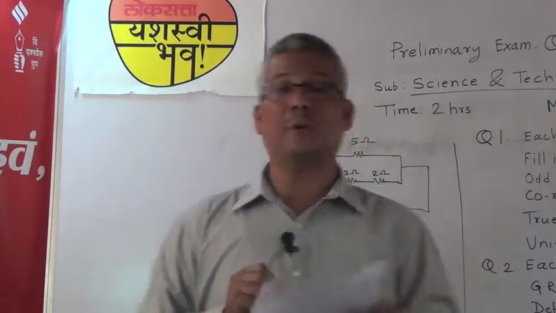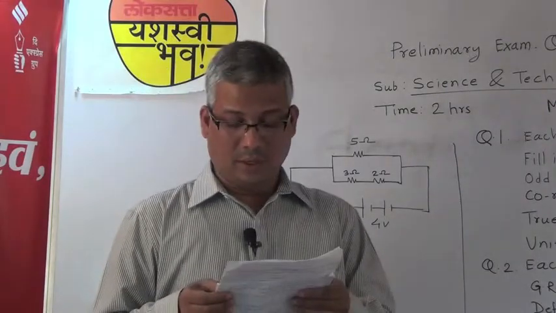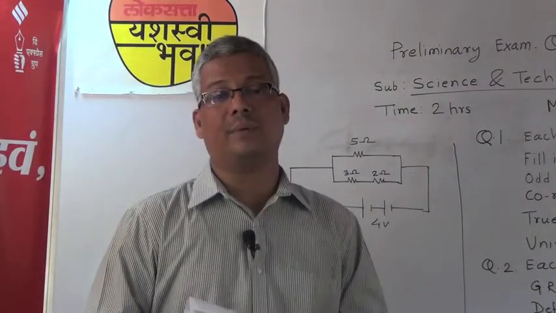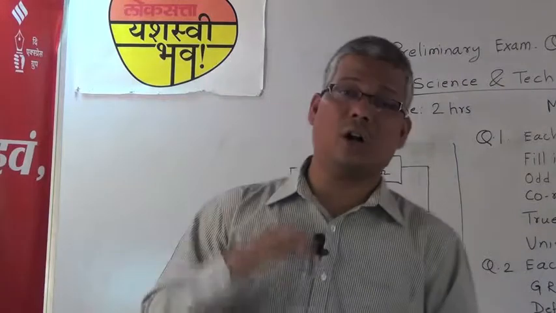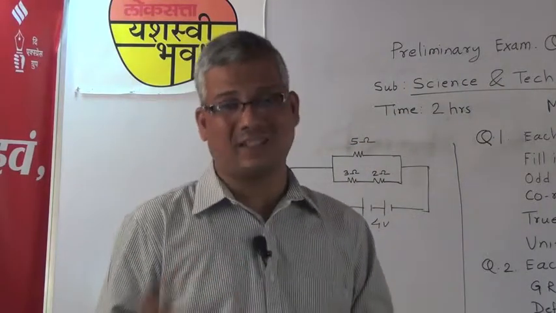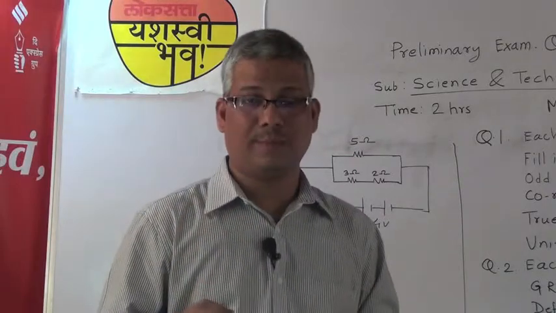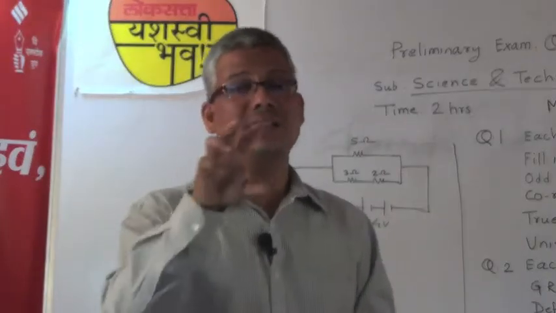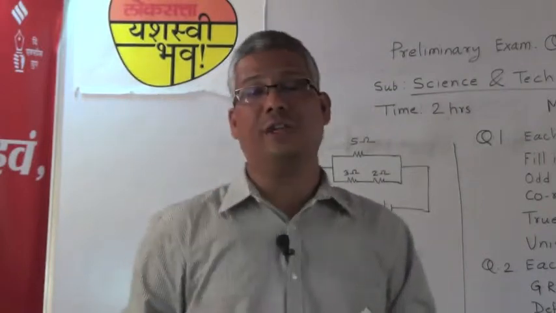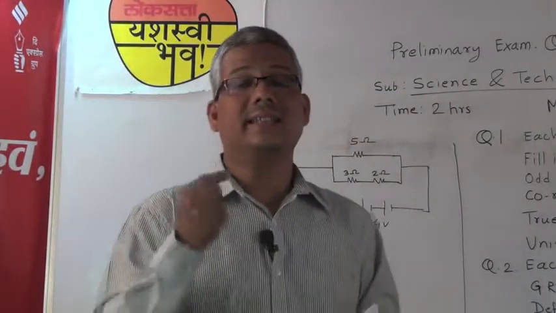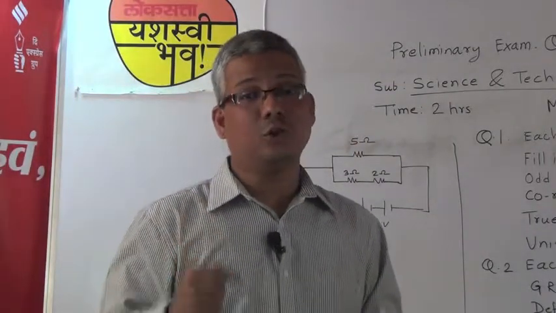Secondly, explain the process of neutralization with the help of a suitable example. If any process or phenomenon is asked to be explained, then first of all write down what that phenomenon is. For example, here, what is neutralization? Write down the definition of neutralization. Second thing, what is the actual process?